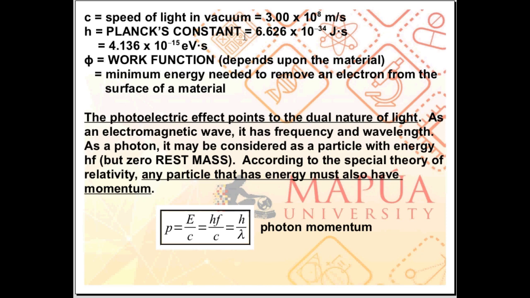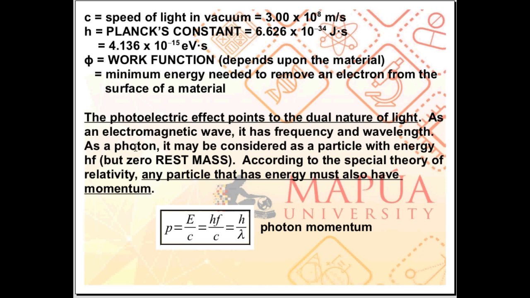h is Planck's constant. The photoelectric effect points to the dual nature of light, that light behaves both as a wave and as a photon, as a particle. As a wave, it has wavelength and frequency.